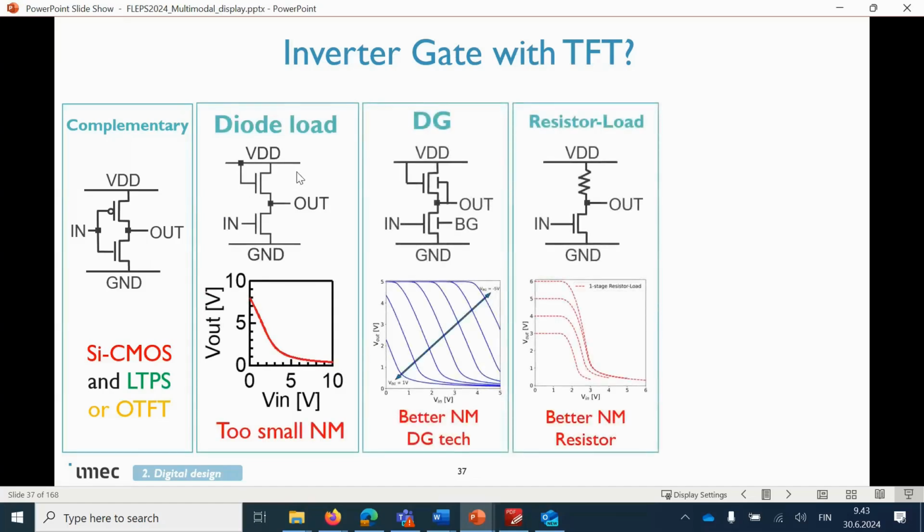I have 3 here. The first one, and the cheapest one, is the direct load, as we call it, because you use two N-type transistors, and the second one, the one that's connected to VDD, is now diode connected. So the gate and the drain are connected together, which we call diode connection. This works.